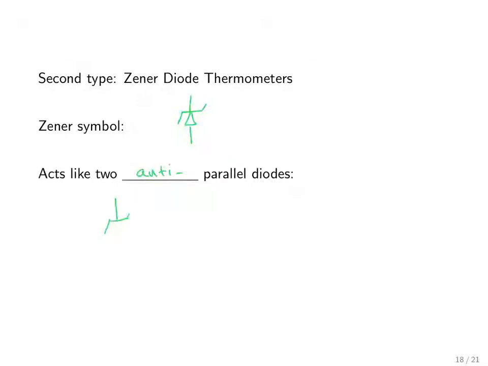For the purpose of analyzing its function in a circuit, we can treat it as two anti-parallel diodes, which gives us a somewhat symmetric IV curve. We get turn-on voltages for both positive and negative turn-on voltages.